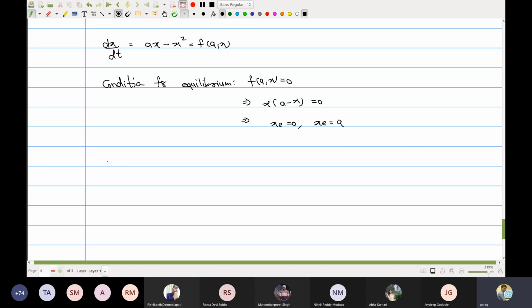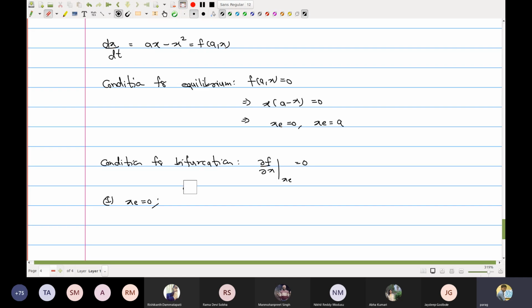Now condition for bifurcation. Del f by del x at xe should be 0, right? So now first xe is equal to 0.